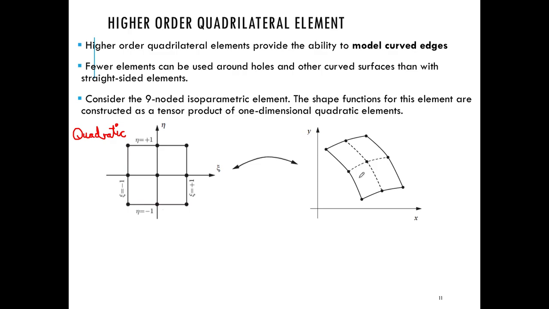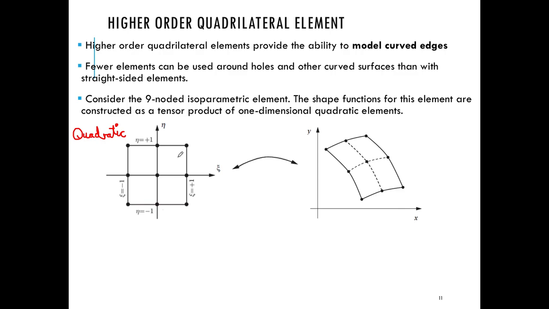Previously we'd been using straight lines to model that hole, right? So we of course will need a large number of straight lines to be able to do that. Whereas now if we use these higher order isoparametric elements, then we can use fewer elements because they allow us to model the curved edges in the physical domain.